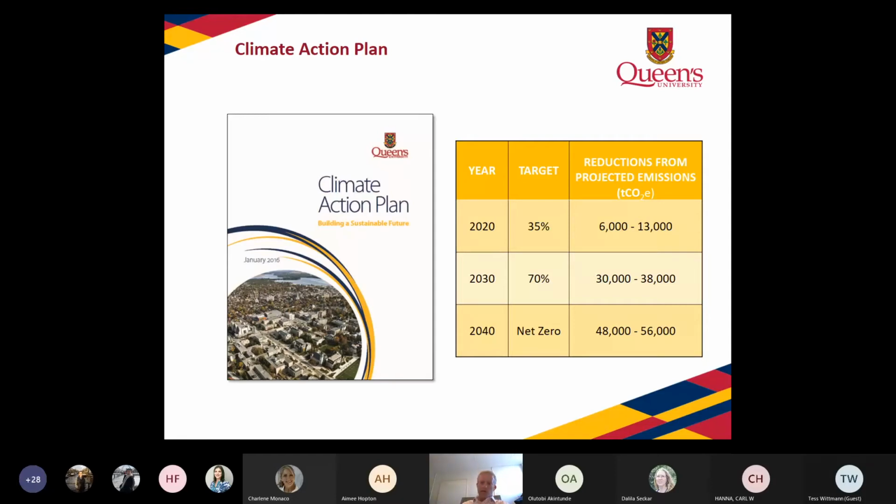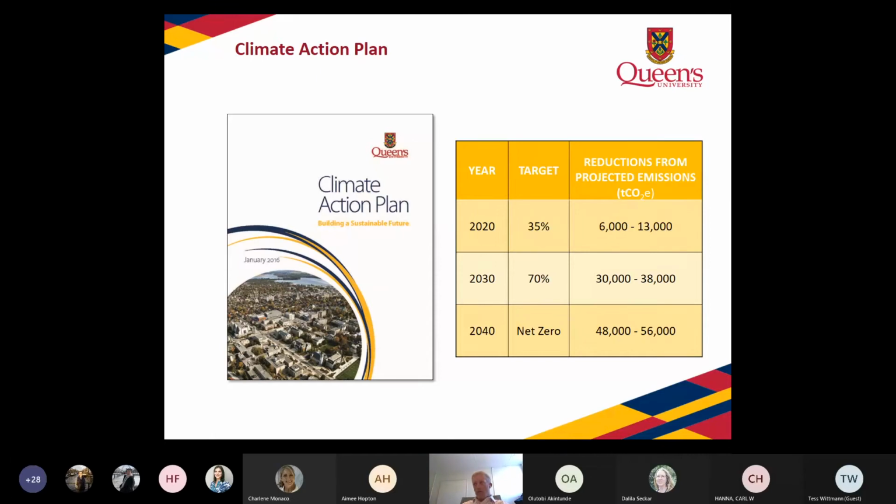And so it lays out targets for the university, which are substantial and significant, which lay out a target of a 35% reduction by 2020, 70% reduction by 2030, and to be net zero by the time we hit 2040. And that's all based on a 2008 baseline.